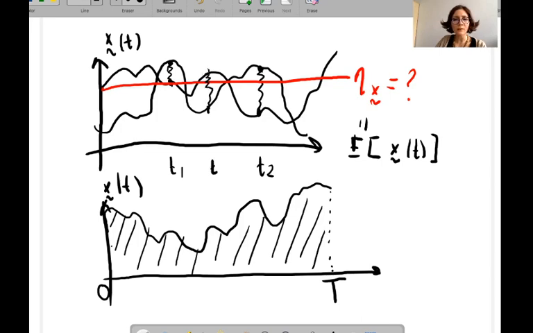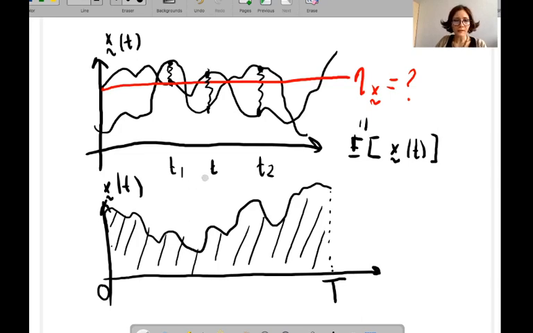All these random variables have an expected value, and for wide sense stationary processes, this expected value turns out to be constant. So the expectation of x of t we just denote with this single symbol, eta x. But eta x here means the expected value of the random variable that you obtain by looking at your process at a single time instant t. This is what it represents.